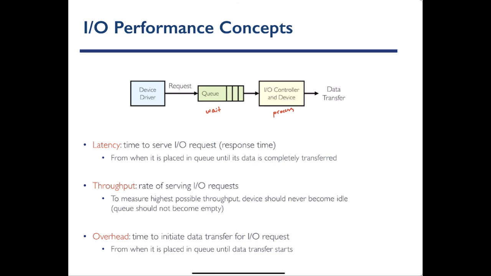And then finally, you get to be transferred back to the CPU, for example, or from memory. So it has three parts. All of this would be the latency. So the summation of these would be the latency of your request. Now, the overhead is basically this. This is called overhead.